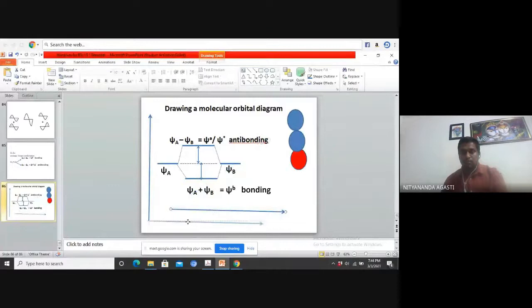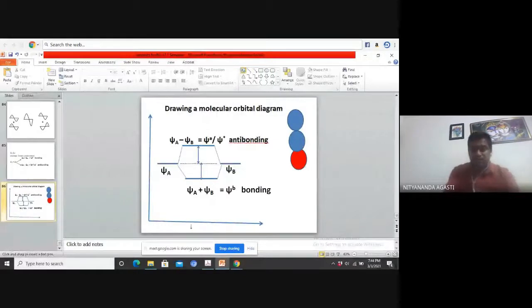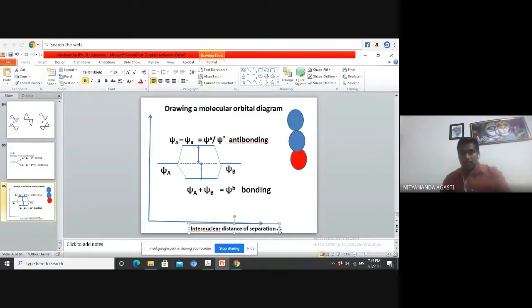This is the internuclear distance of separation. This is just a plot. And here we have energy of orbitals.